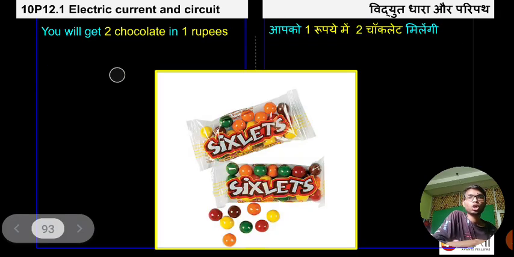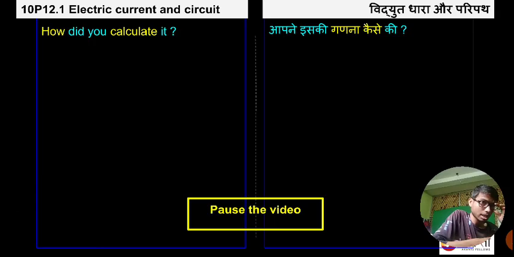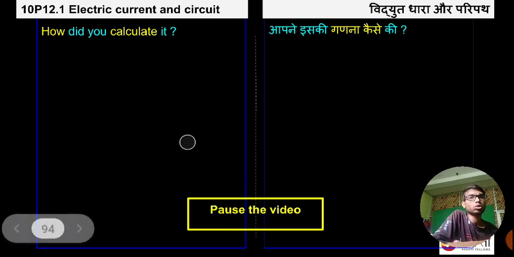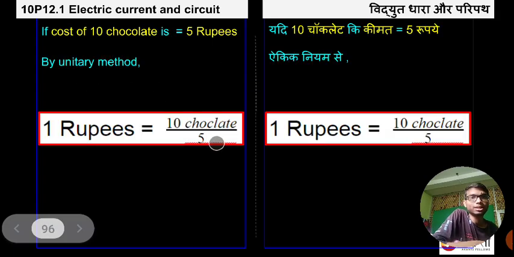How did you calculate it? We just divided 10 by 5. If the cost of 10 chocolates is 5 rupees, then of course you will divide.